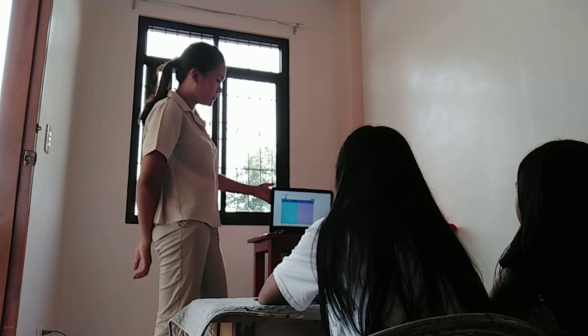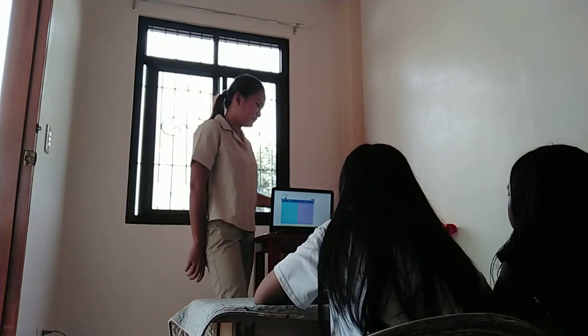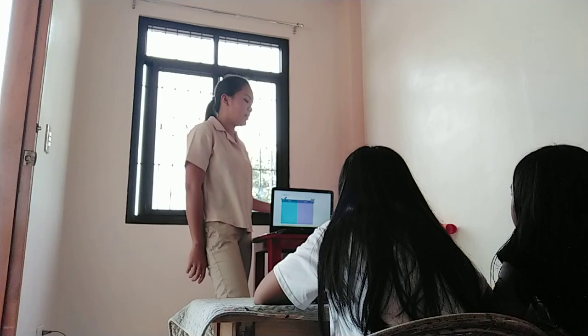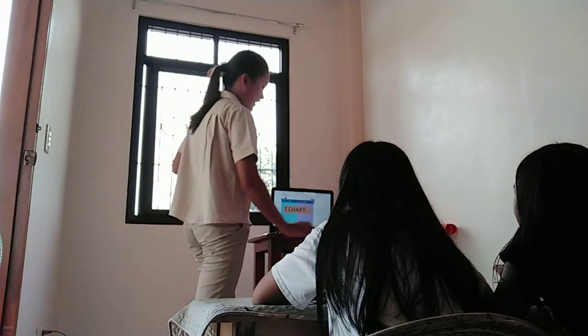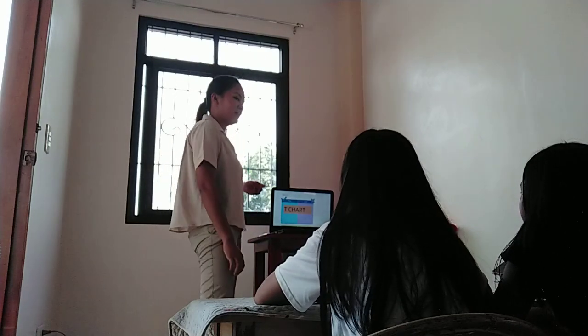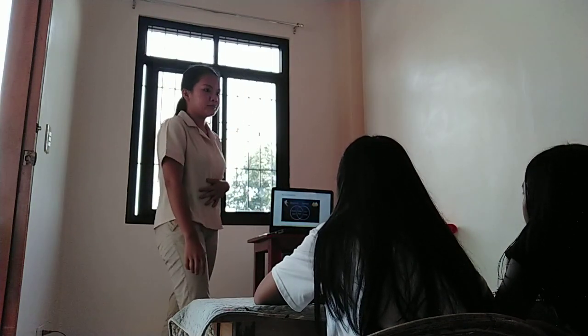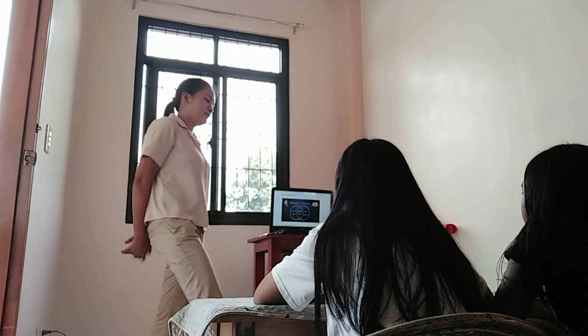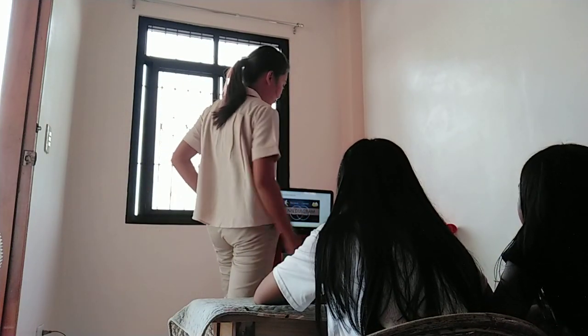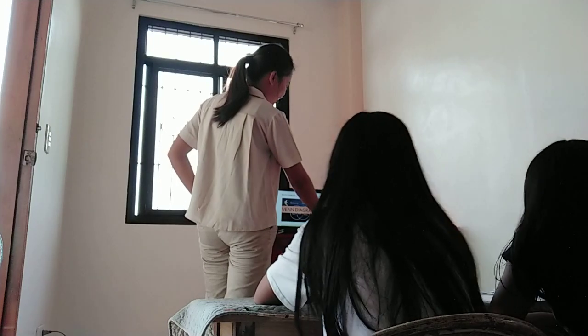Ano pa yung sa una? That is a T-chart. Yes. That is a T-chart. Next. Venn diagram. Very good. That is a Venn diagram.